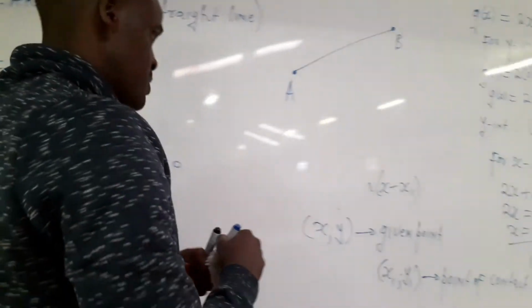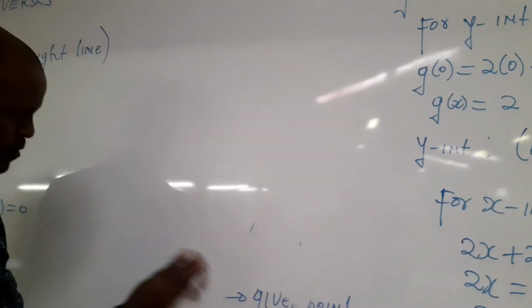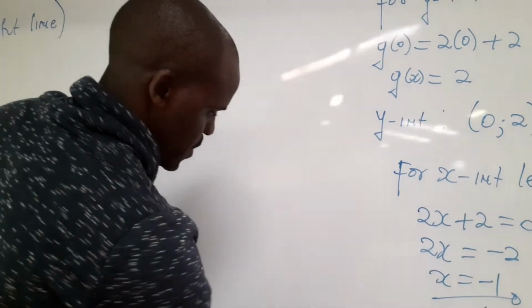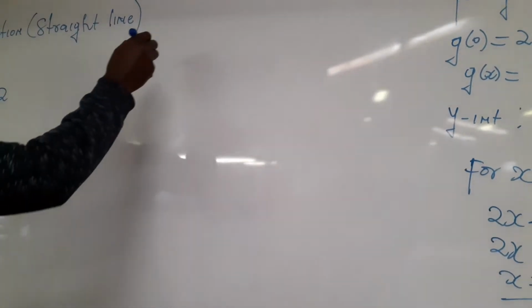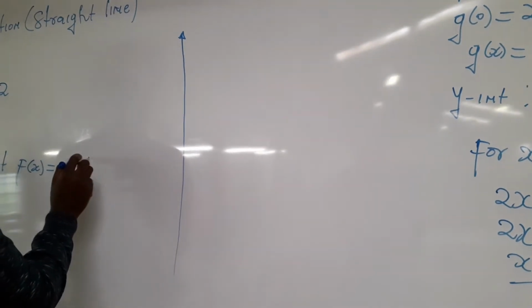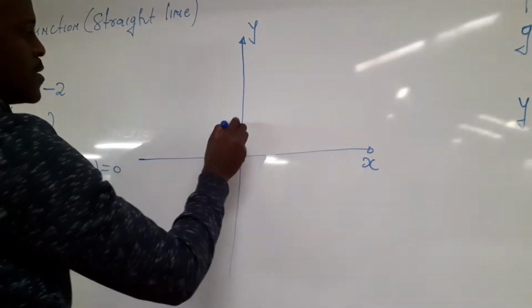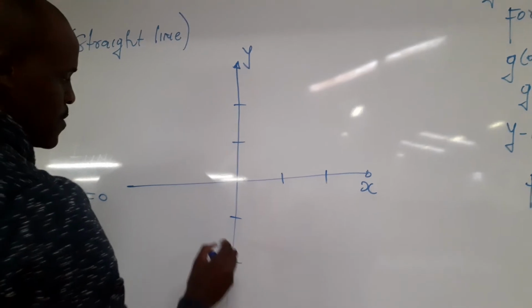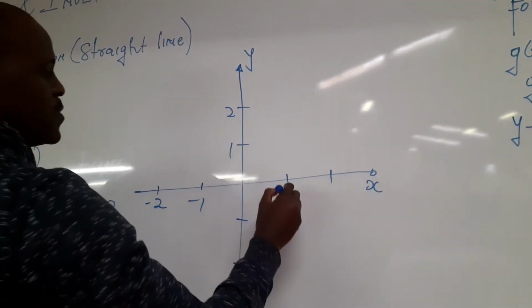Let's sketch this graph. Let's sketch it. Negative 2, 1, 2.